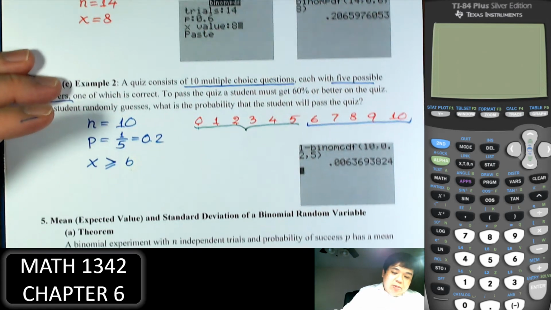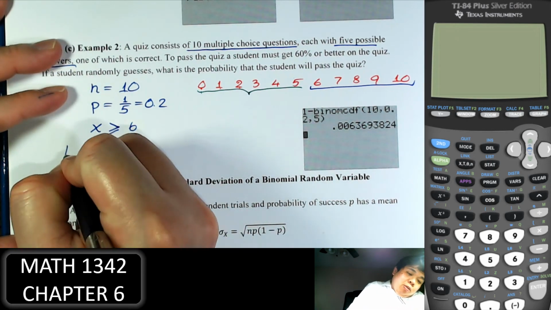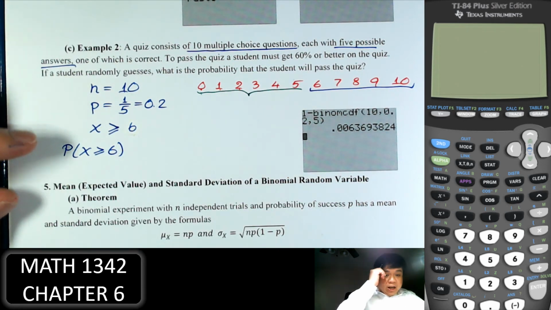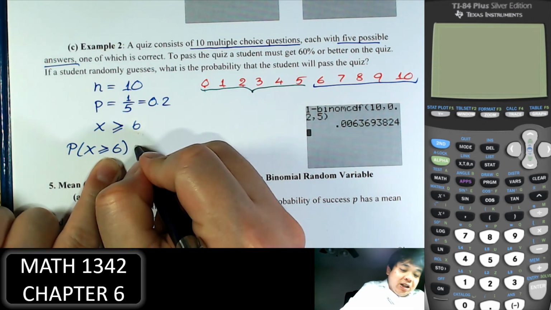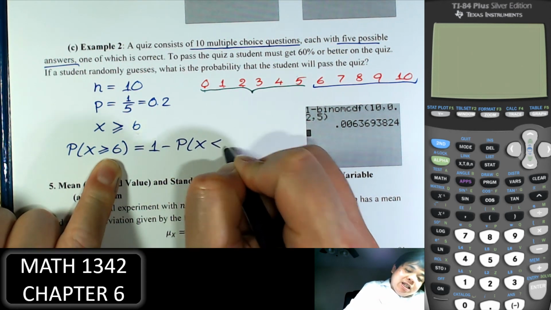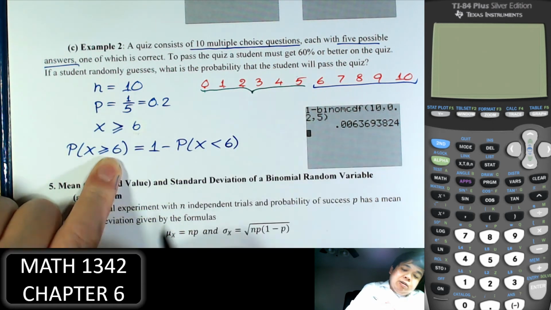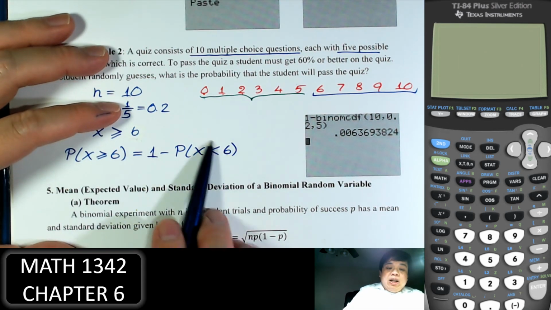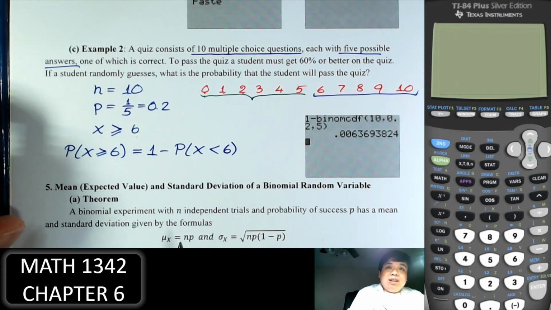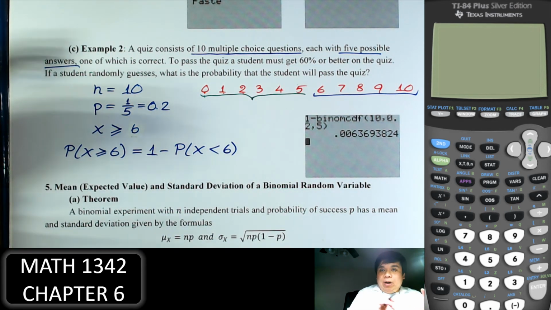Right? So, if we write the probability of getting x greater than or equal to 6, if we use the TI calculator, we cannot do greater than. So we have to take 1 minus P of x less than. Yeah, the TI calculator can calculate anything less than, but cannot calculate greater than.